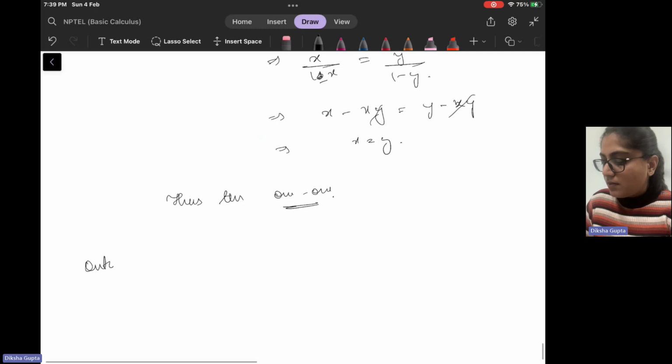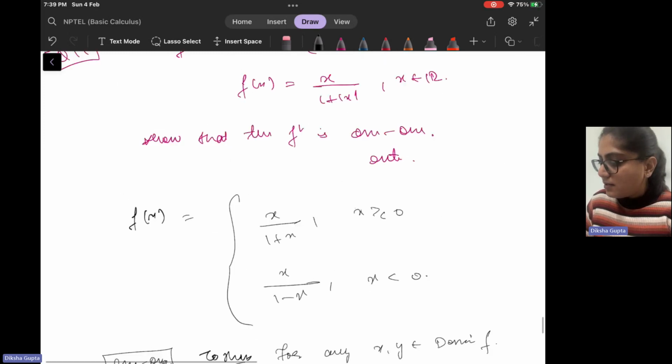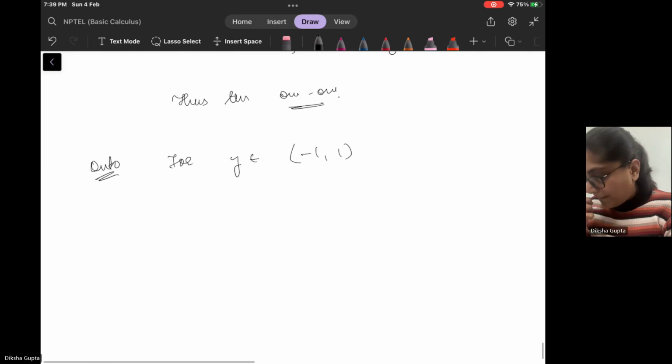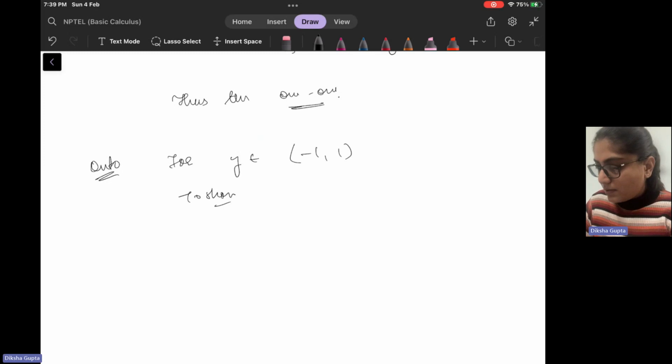Now on to onto-ness: for any point y belonging to the interval minus 1 to 1, because this was the range, you have to show that there exists x belonging to the domain such that f(x) equals y. So we make two cases.